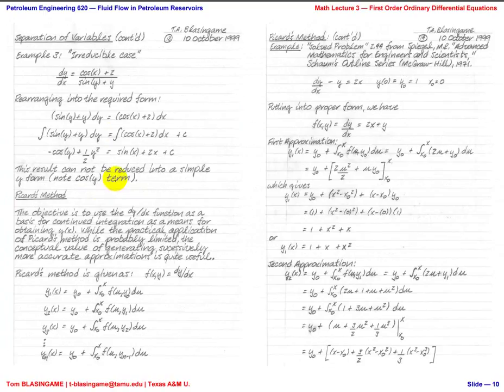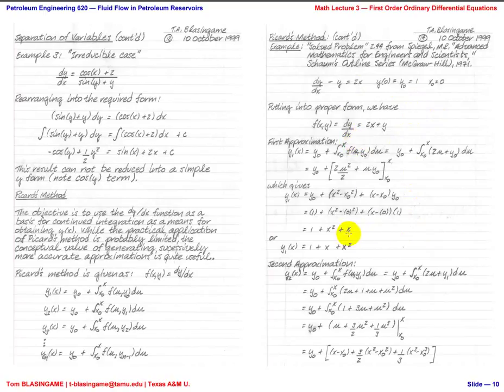So in Picard's method, you define the derivative as a function f of x and y. Then you have to integrate from some reference x to an actual x, right? The reference x is no other than the boundary condition or the initial condition or some restriction that you may have.